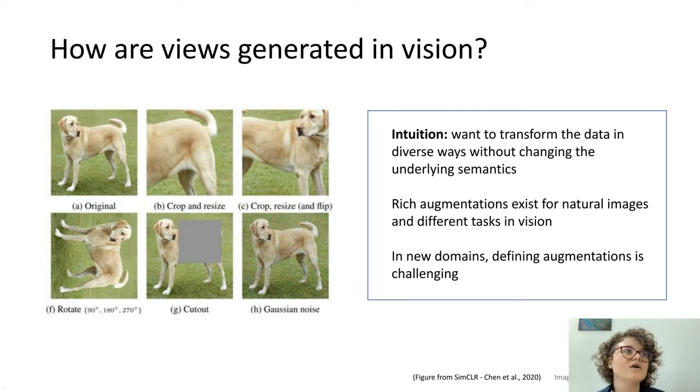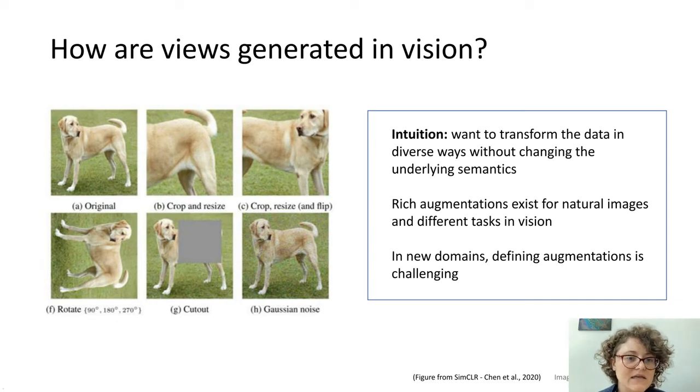So a core question that we have to ask is how are these views of a sample generated? Because that will be critical to the sorts of representations that we build. In vision, as I said before, the intuition is that we're interested in applying some transformation that will still keep the essence of the cat or the dog in this case, so not changing the semantics, but providing really diverse pictures of the same object.